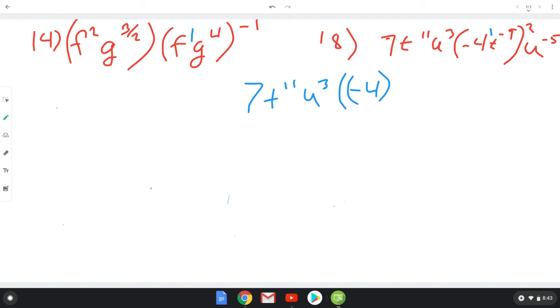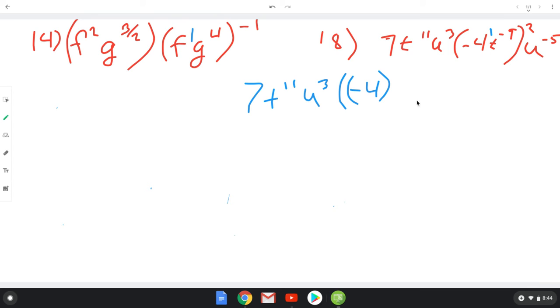Now, this time the exponent is outside the parentheses, and the negative is inside the parentheses. When I multiply the 1 times the 2, I need to show that that exponent applies to the negative 4, not just the 4, because the negative is inside the parentheses. That's really important.